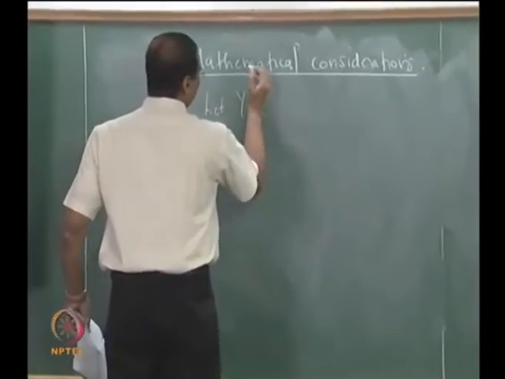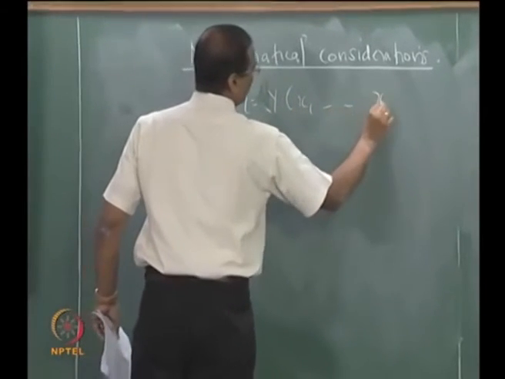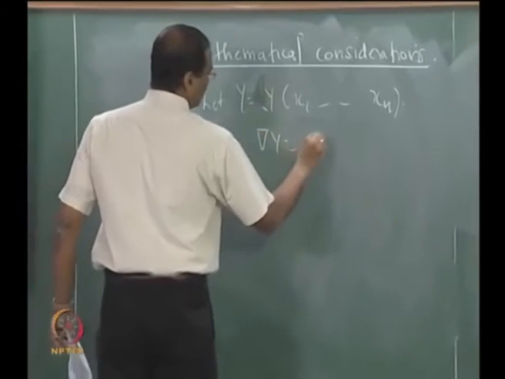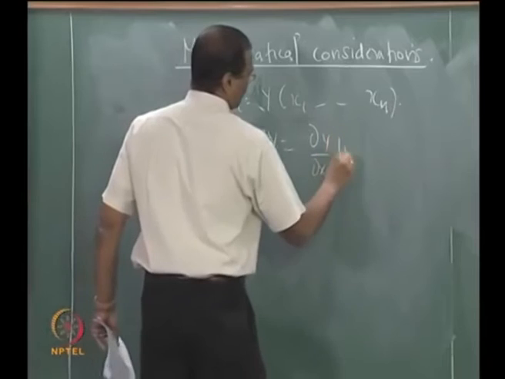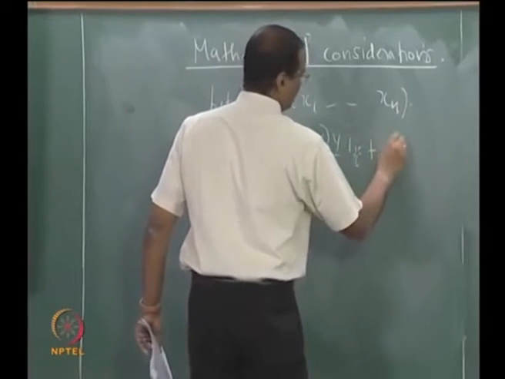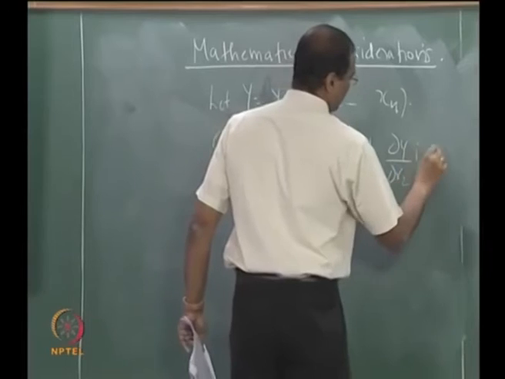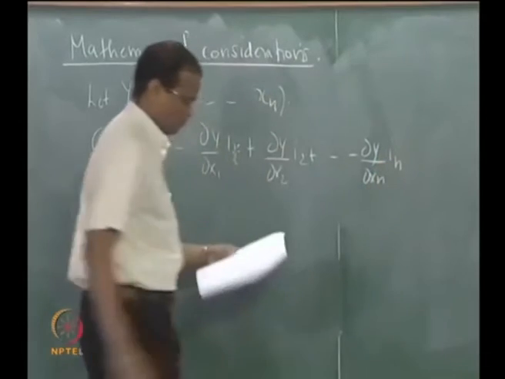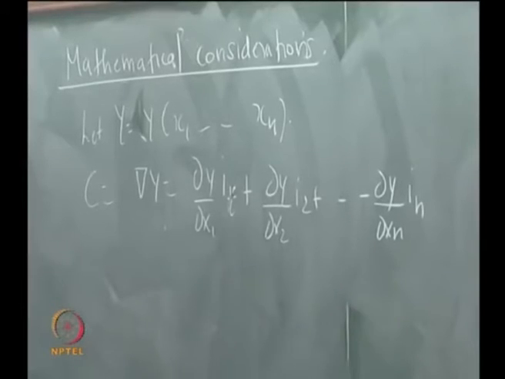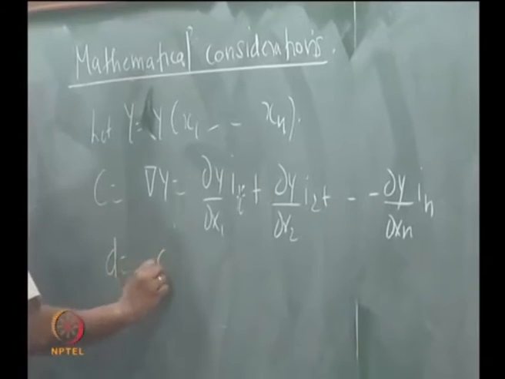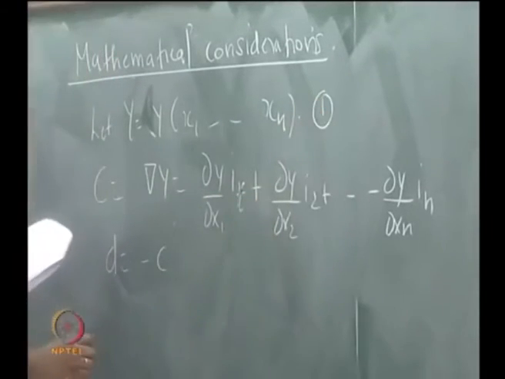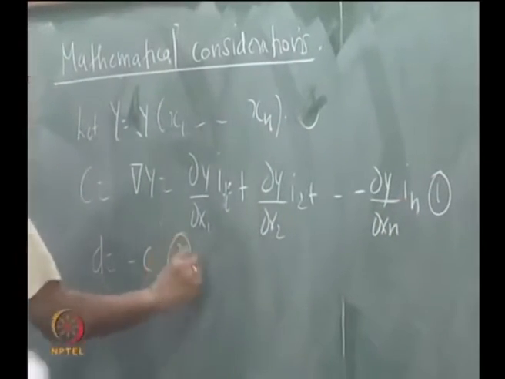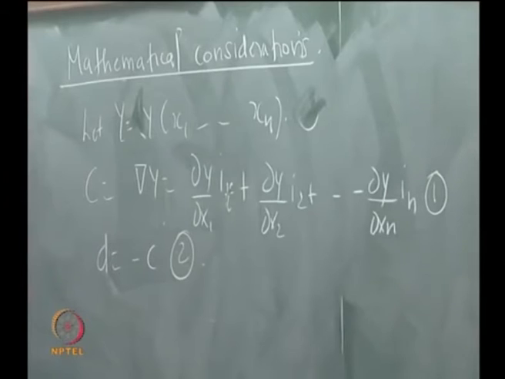Let y be y of x1 to xn, and C is delta y. I said D is minus of C. You can put the equation numbers; you can call this 1, this 2.